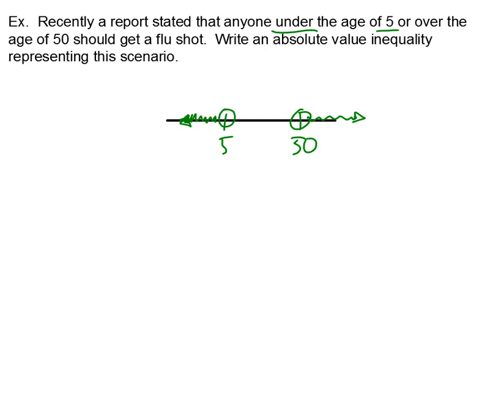Now, if I want to write an absolute value inequality representing this, the first thing I'm going to do is define a variable x, where x equals the age needing the flu shot. So if I have a person x who needs a flu shot, that person's age would have to be in this shaded region or in this shaded region.